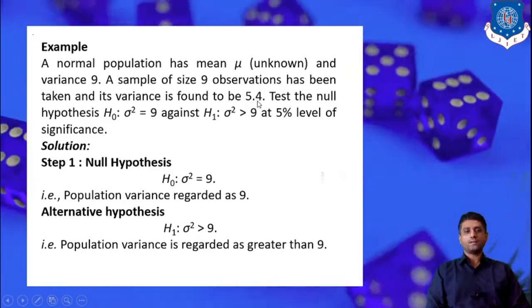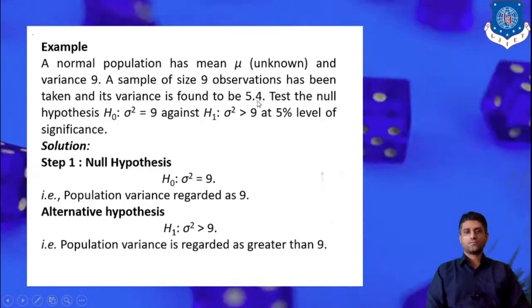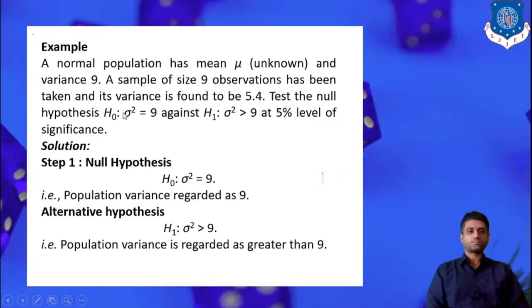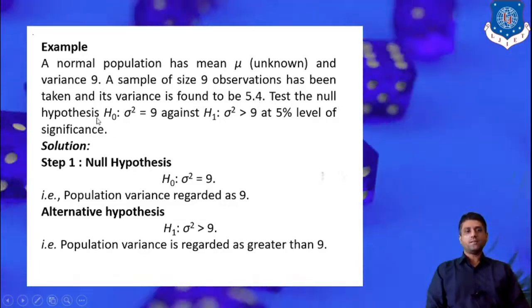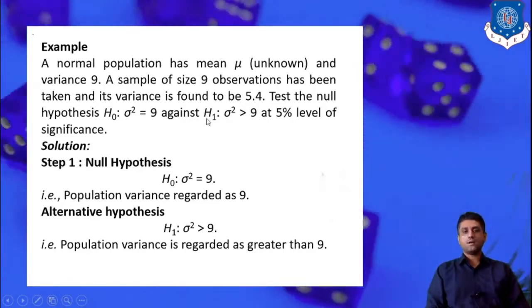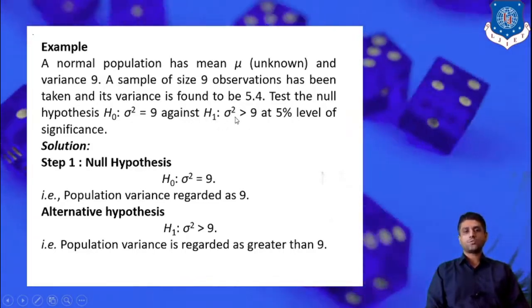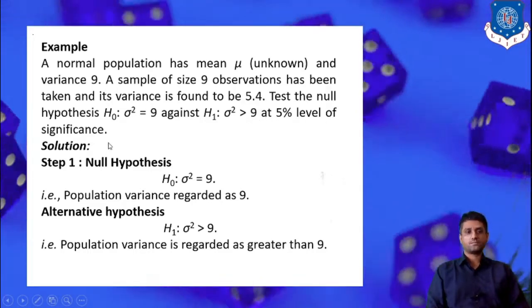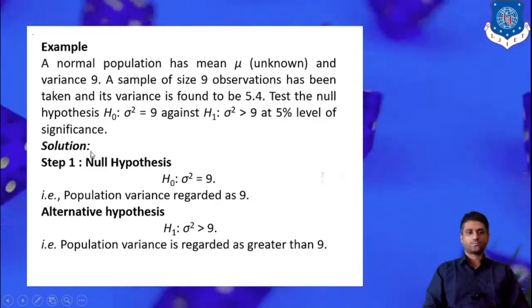So we have to check this variance, population versus sample. Test the null hypothesis H naught, sigma square equal to 9, against the alternative hypothesis sigma square greater than 9 at 5% level of significance. So let's start the solution.